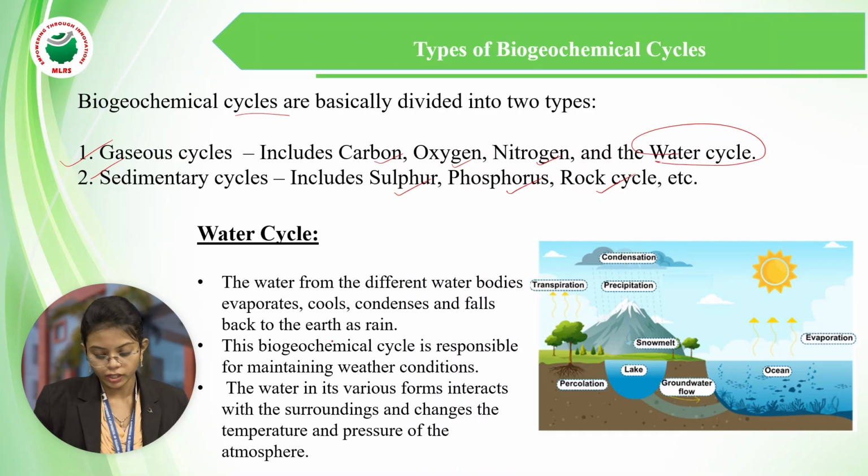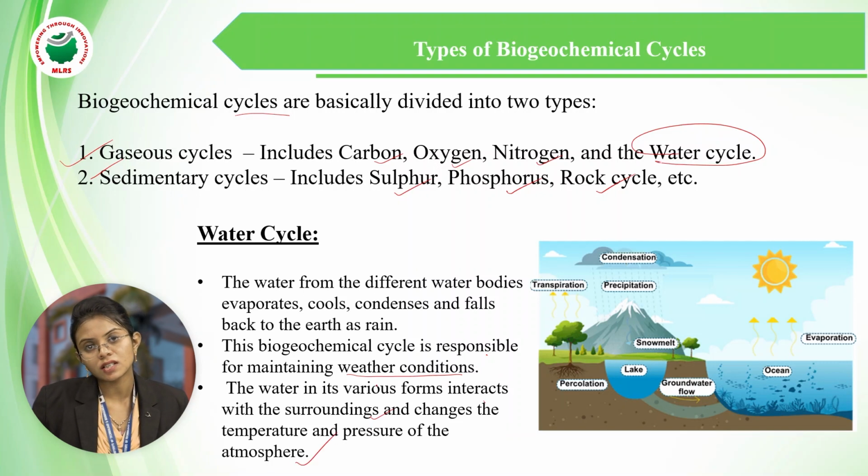This biogeochemical cycle is responsible for maintaining the weather conditions. Water in its various forms interacts with the surroundings and changes the temperature and pressure of the atmosphere.